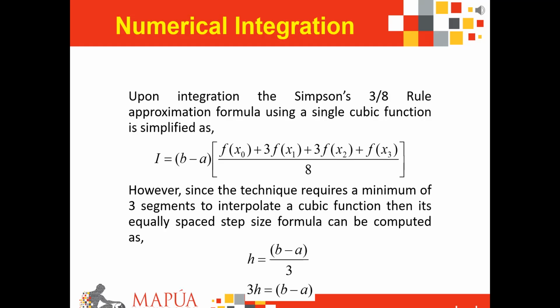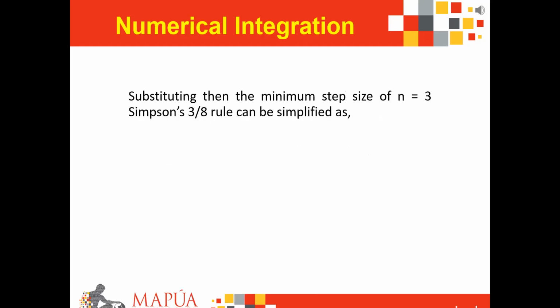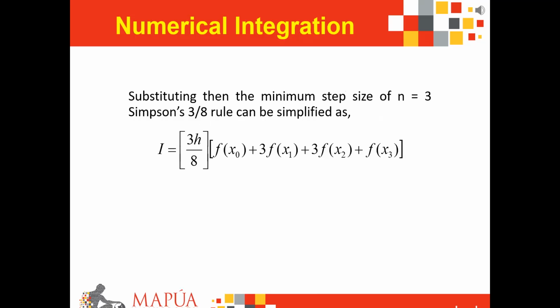If we then replace b minus a with 3h, then the formula can be simplified as 3h over 8. Much like our trapezoidal rule and our 1/3 rule, our h or step size is multiplied this time by a factor of 3 over 8.